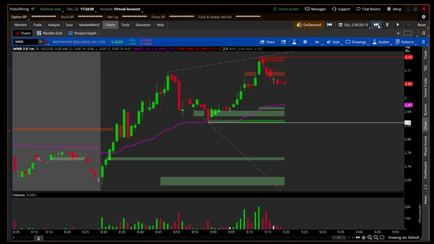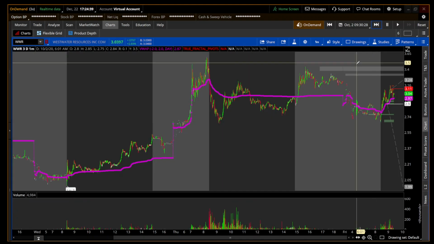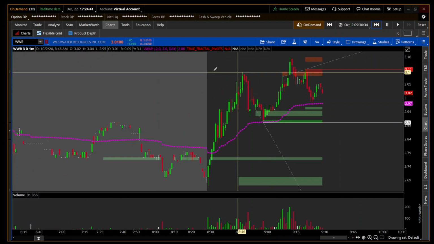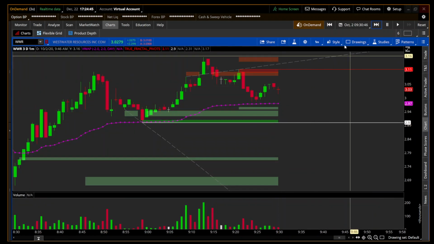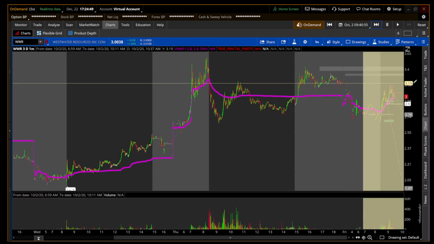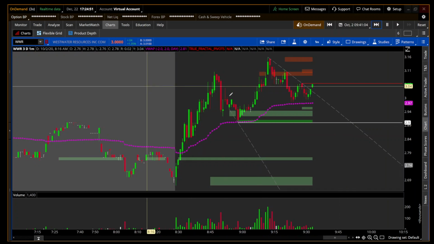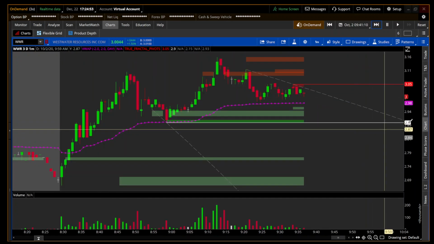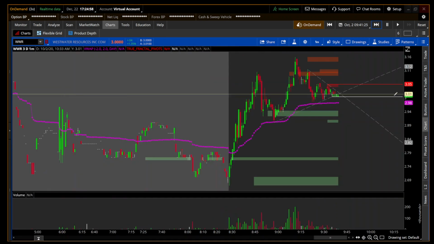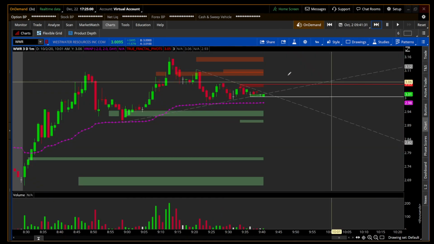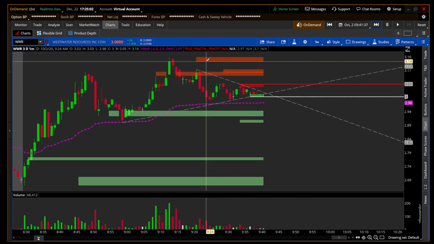And we're going to push through. And we want to see something go back to one of these zones and bounce off of it. New area of resistance. You got this new area of resistance right here. These are your previous.